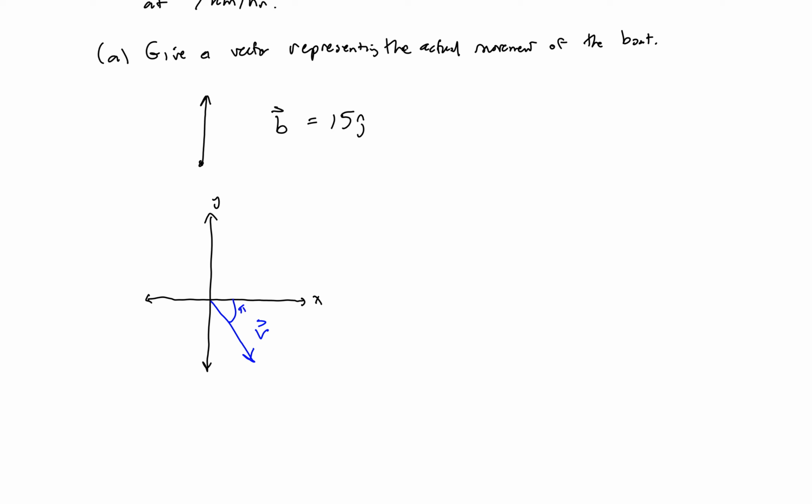A vector in that direction, if we don't worry about the length yet, could be i minus j. That would go 1 in the i direction and minus 1 in the j direction. But now I want this to be a unit vector, so let's divide this by the length, which is square root of 2.